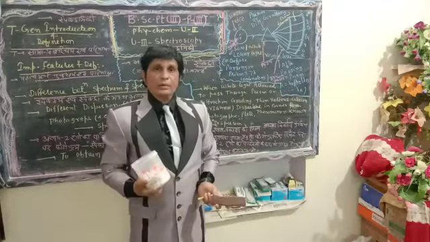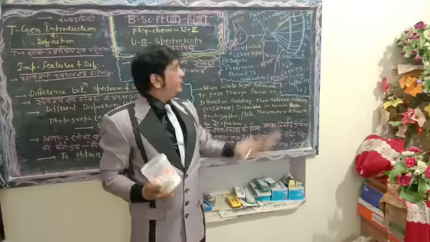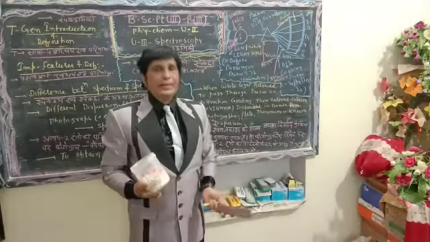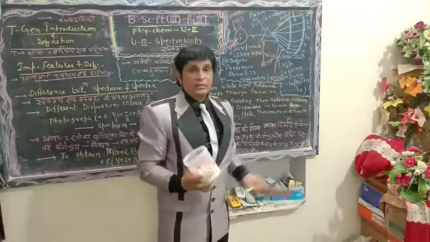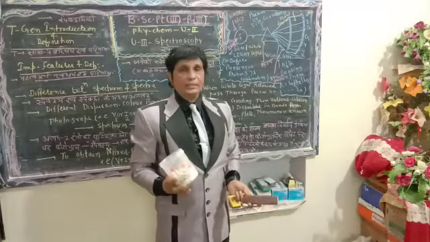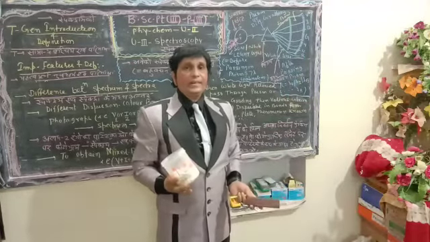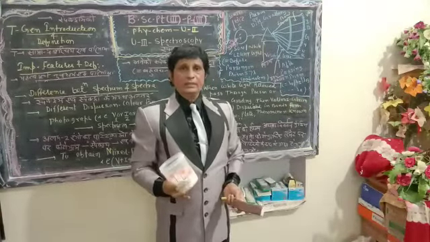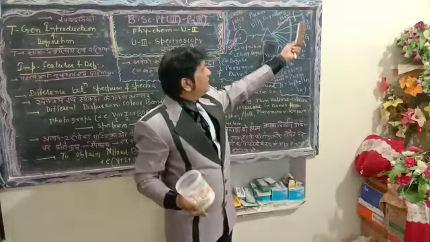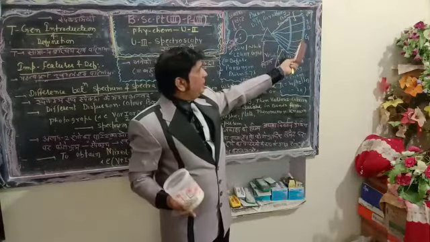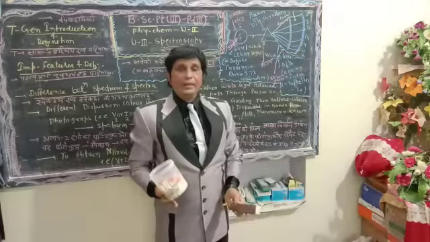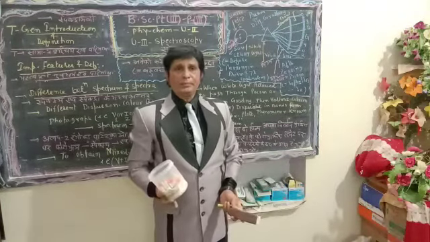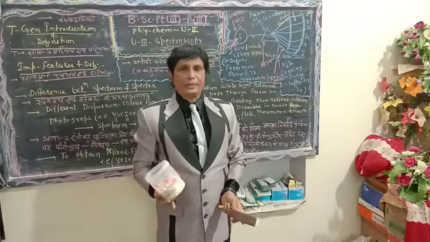When plain light, sunlight, is allowed to pass through a prism or diffraction grating, and later the transmitted radiation or light is allowed to be incident on a photographic plate, the various bands of the 7 colors, violet, indigo, blue, green, yellow, orange and red, are produced on the photographic plate in the form of bands. Such a phenomenon is known as dispersion.